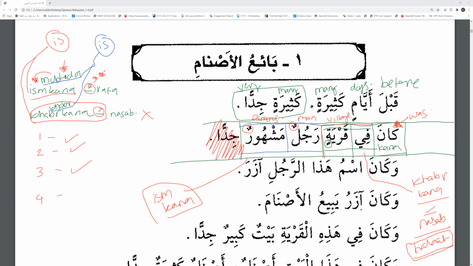But because of the harf jar and the majroor, it's overpowering and reflecting with this. So you're going to say this is ism of kana and this is khabar of kana. This is in the state of rafa and this is in the state of nasab, even though the last word here is reflecting with a kasra. Does that make sense? Yes, it does. Alhamdulillah.